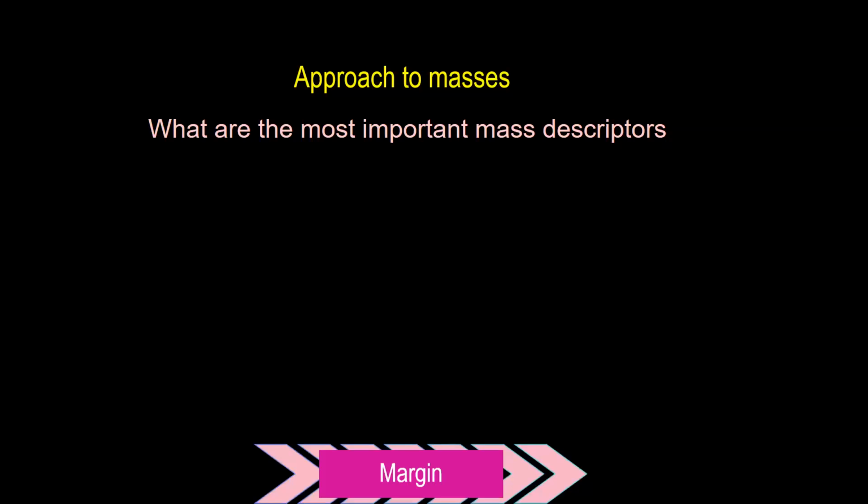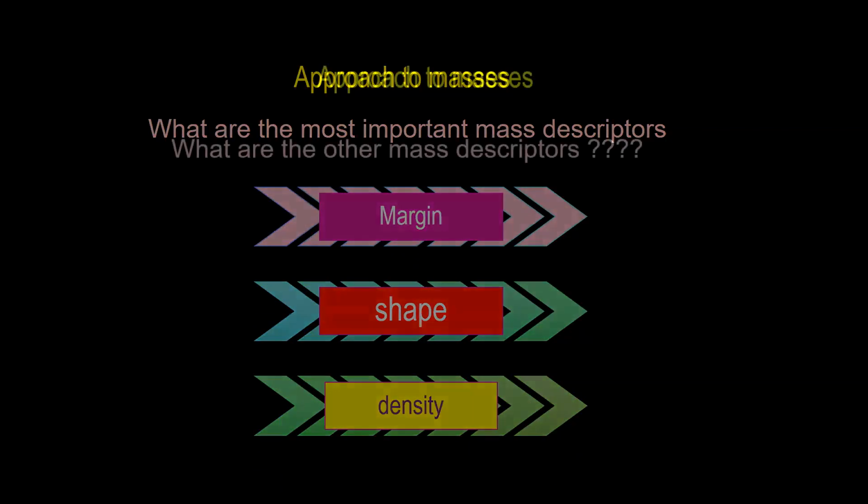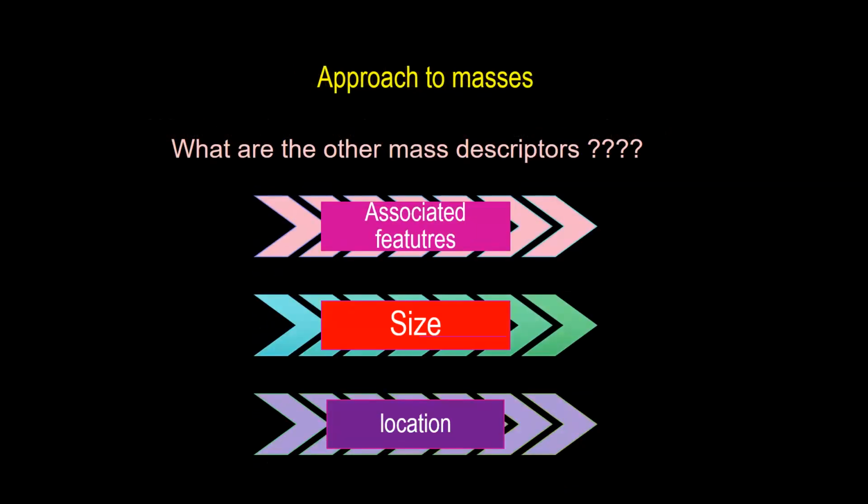These are the most important. And the relatively less important are the associated features, size, and location. Okay, let us go through examples.